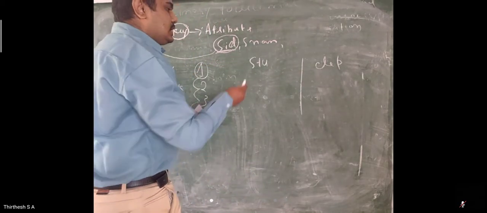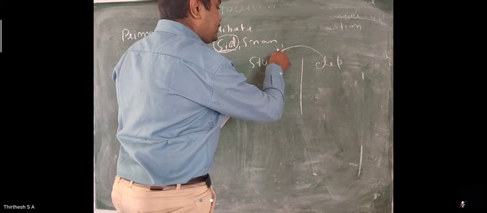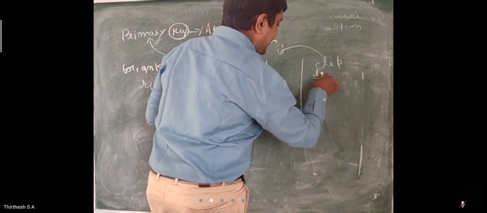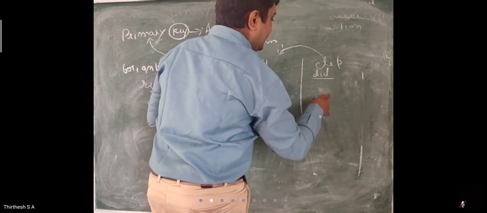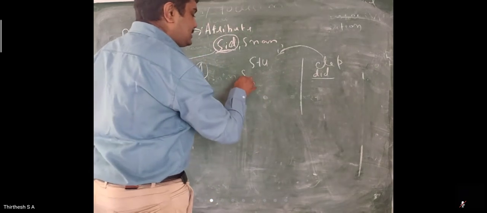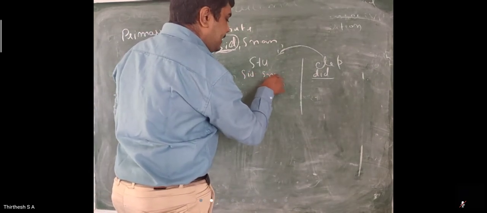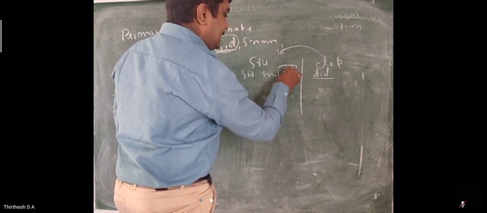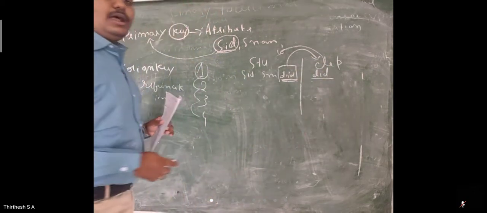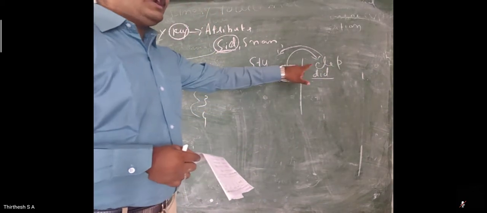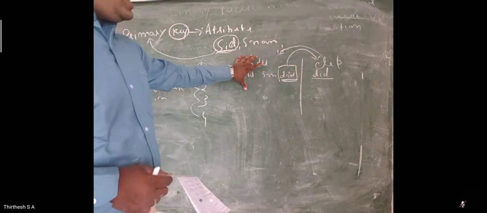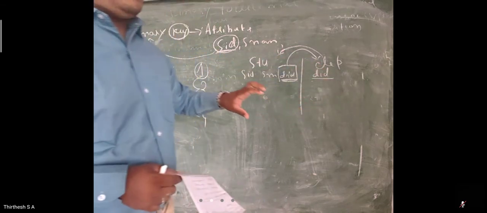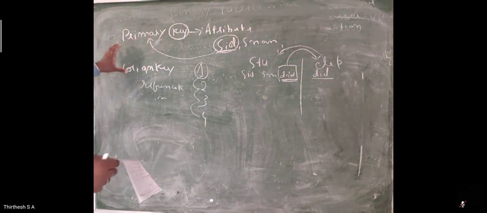The relationship here is that I should relate the student to the department. So I enter the department ID as a primary key, and in the student table I have SID, SNAME and DID. The DID is the primary key of the table department, which means that the student has a relation with the department. Such a key is known as a foreign key.